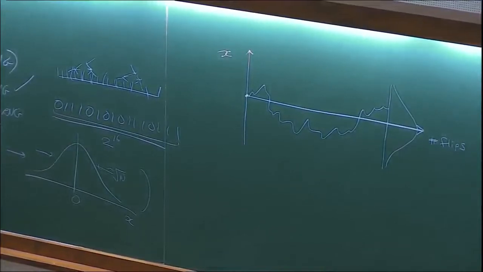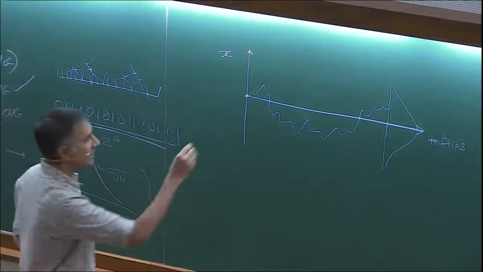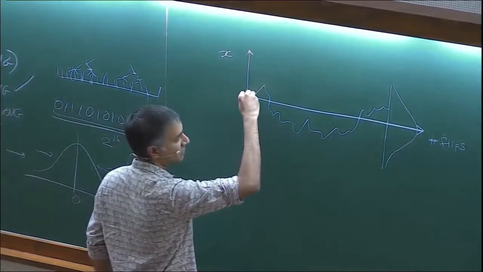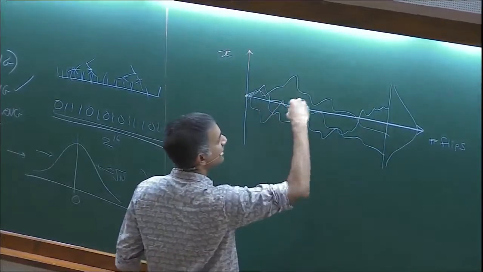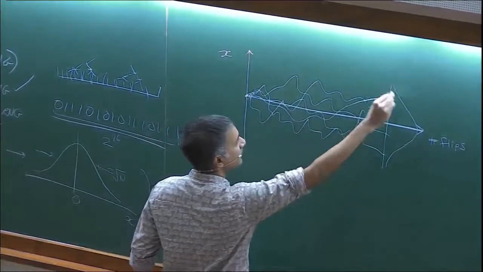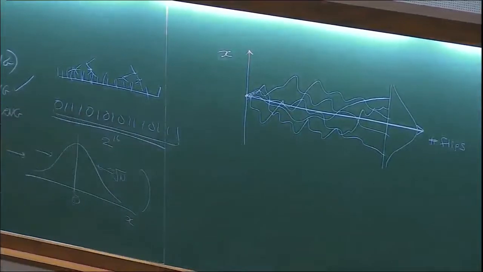So this is called a random walk. The process of generating a Gaussian using flips of heads and tails, if you look at it over time, generates a random walk. And if you start doing it again, you don't get the same curve. Typically, you get all kinds of curves every time you run this procedure.